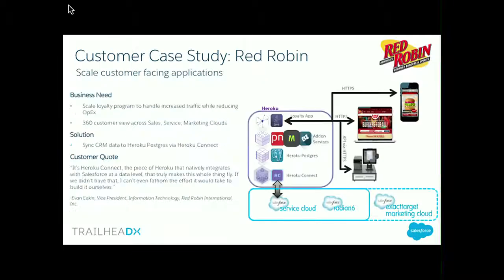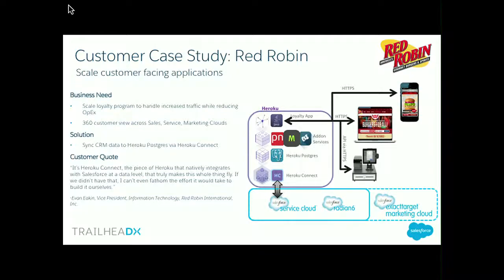So let's talk about a few of our customer use cases. There are 3 that I've picked to share with you, and I think they're interesting because each represents a canonical use case for Connect. Red Robin is one such example. They had a V1 loyalty app that was built fundamentally on Salesforce as the data store.